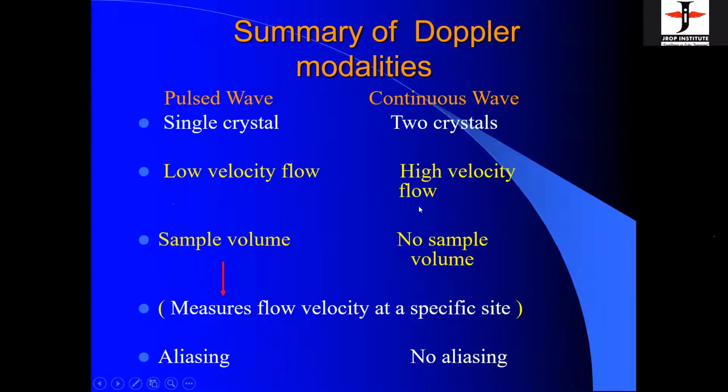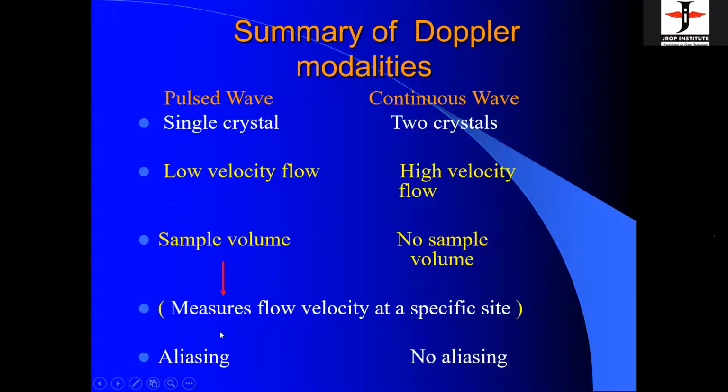That means all diseased flows are high velocity flow. Stenosis, regurgitation, and prosthetic valve, VSD, those are high velocity flows. This has got a sample volume which measures flow at a specific site, and this has got no sample volume.